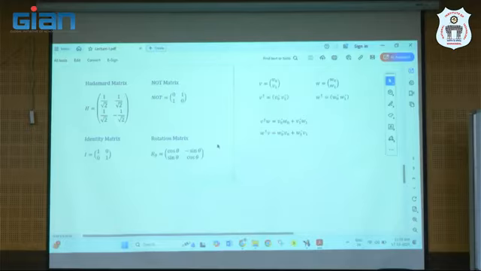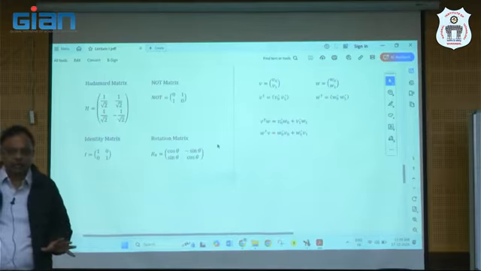What is the dagger of this? Cos theta, sin theta, minus sin theta, cos theta. The minus goes here. Agreed? So these are examples of unitary matrices. Any questions so far?